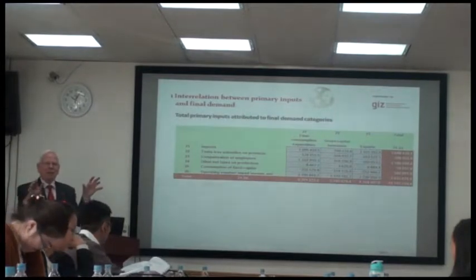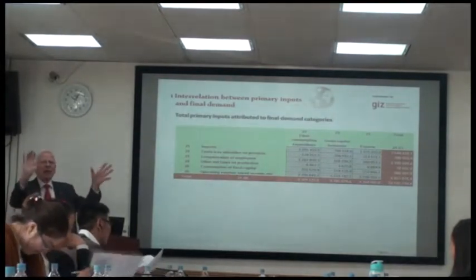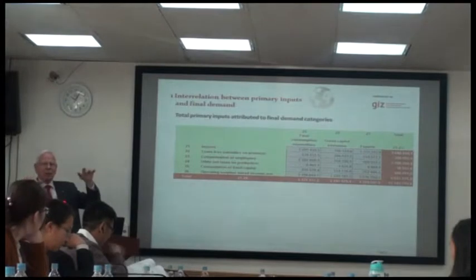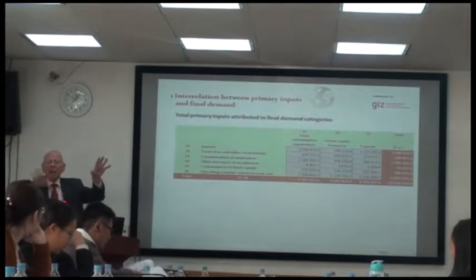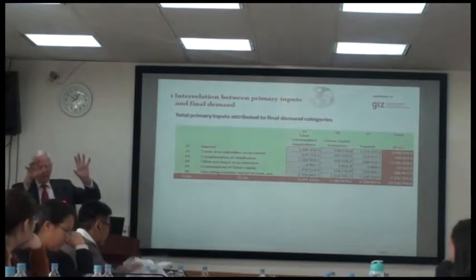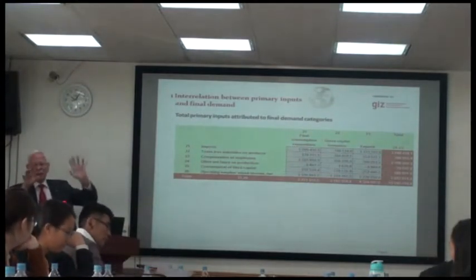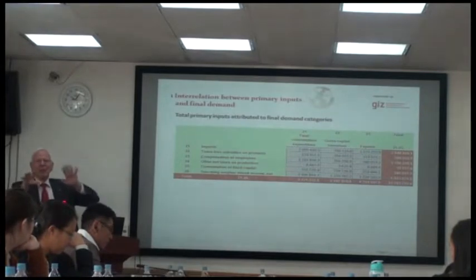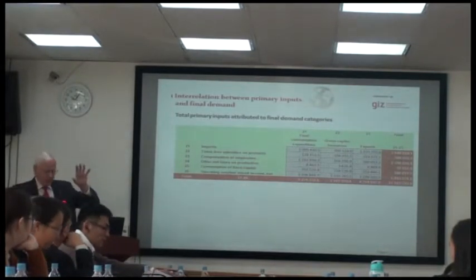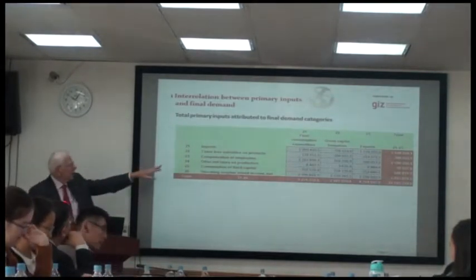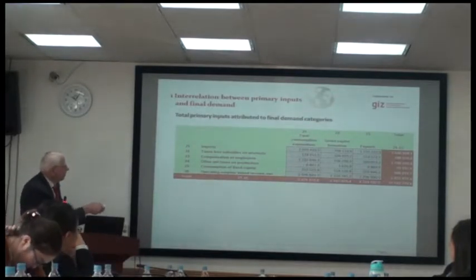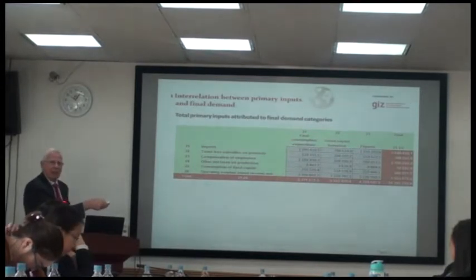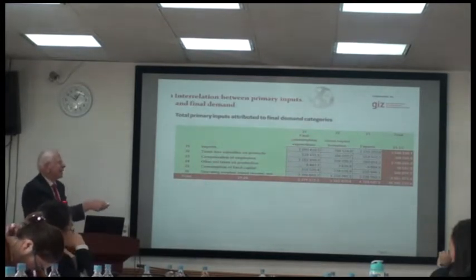I think the eggs are coming from the chicken, egg and chicken. Where is the start point? The start point is either that final demand has induced this income side, or the income side has contributed to satisfy the final demand side. Because those are interlinked.